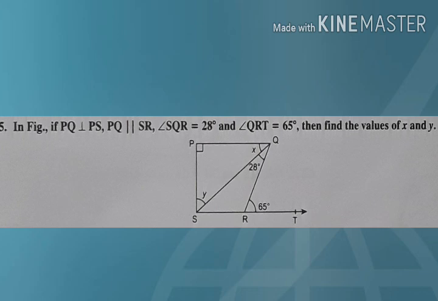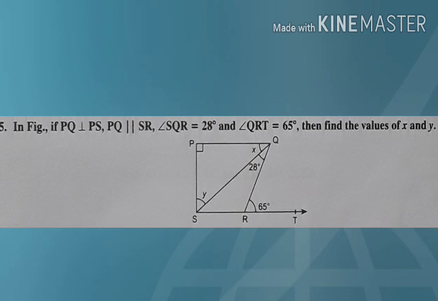If PQ is parallel to SR, which transversal do we want to consider? Consider PQ parallel to SR, and the transversal QR.